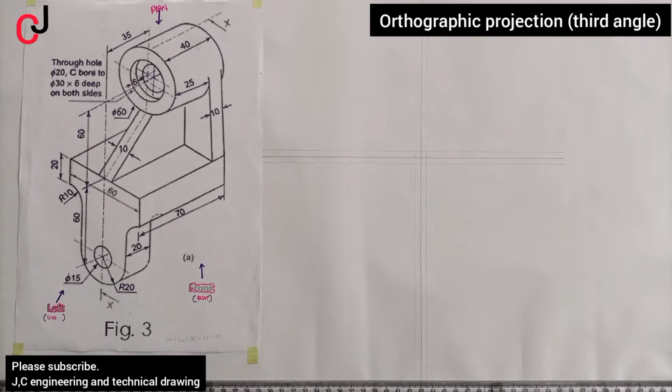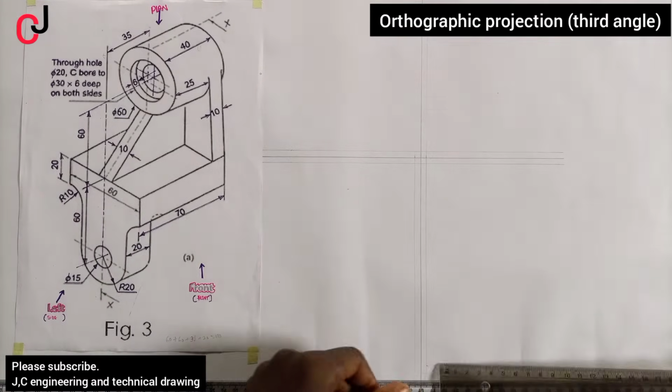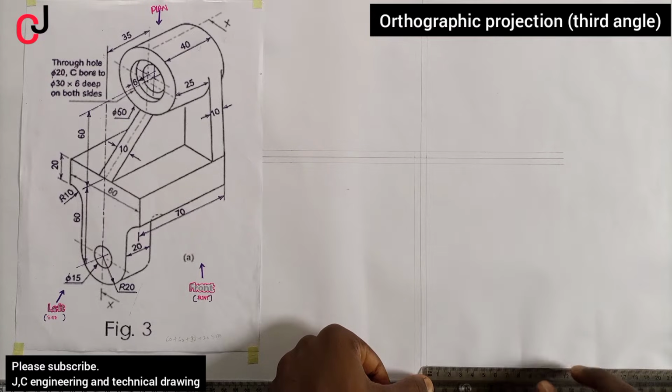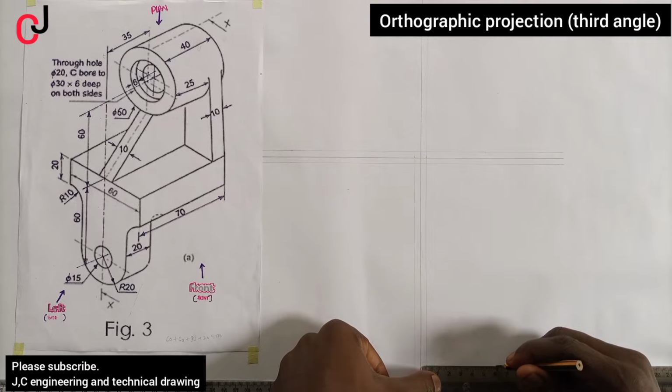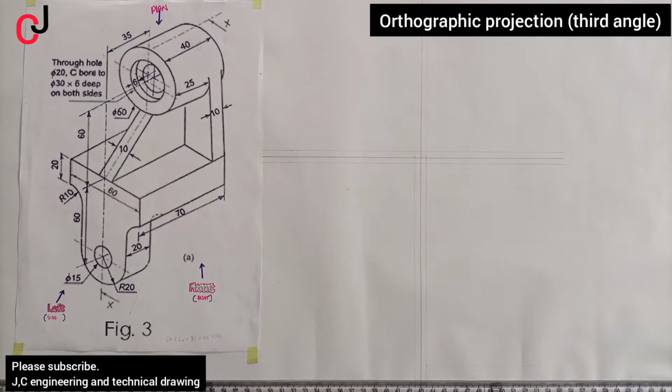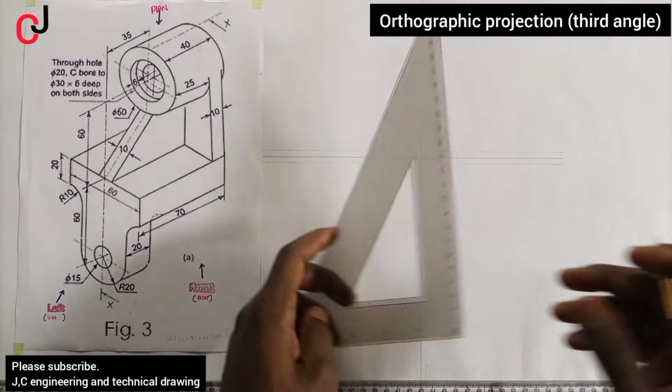So my total length is given to me as 60 millimeter. So measure 60 millimeter. I'll indicate it with a point. And then I'll project my points upward.